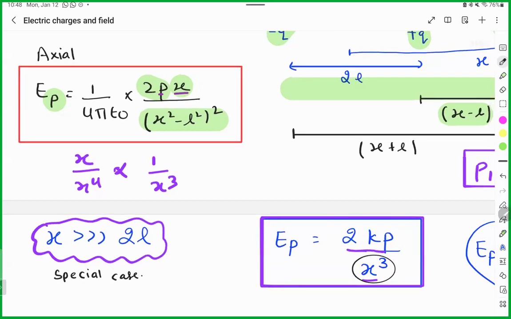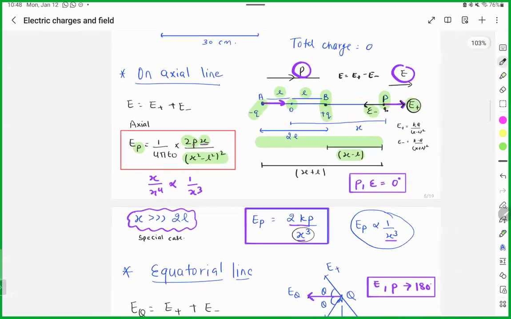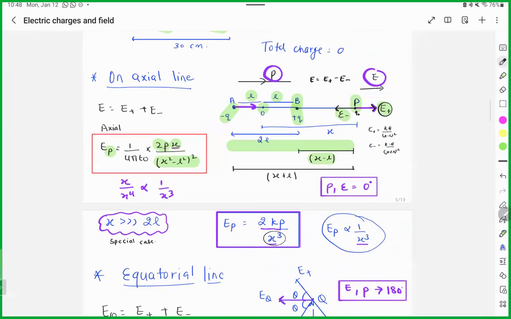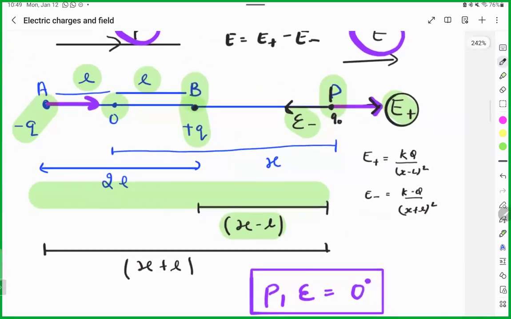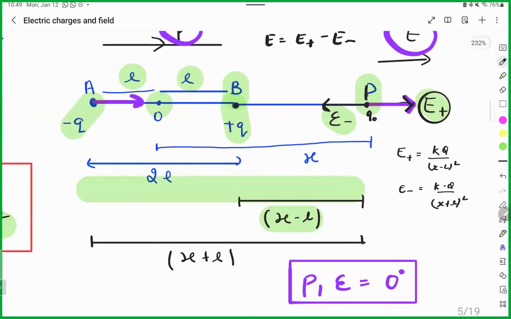Anybody have a doubt? Let me know. Understood? Yes. Next, in this case, if you consider what will be the direction of electric field, Anvita?